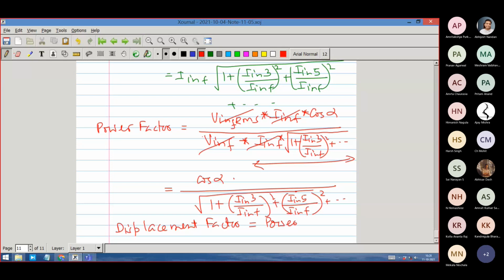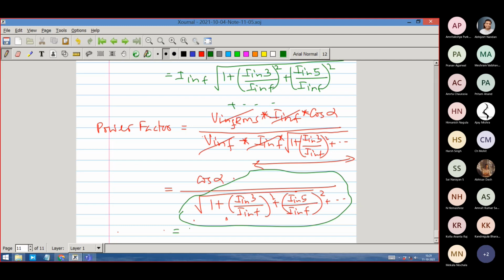This quantity, that is 1 by this quantity, will be called the distortion factor.